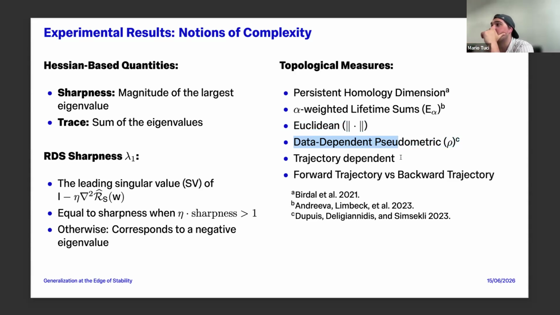Interestingly, they are all trajectory dependent, so they can't be evaluated pointwise. I really need a set of points, so I have to run my algorithm for a certain time interval, let's say 100 iterations, then I get 100 points, and then I can compute those quantities. We compare it to forward trajectory and backward trajectory, which basically means I train to a point and look at the last 100 iterations backward or 100 iterations forward.